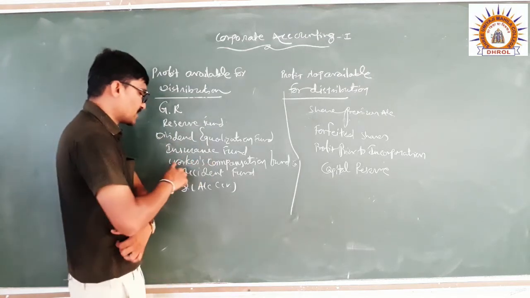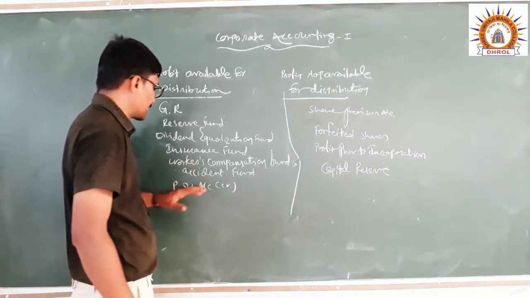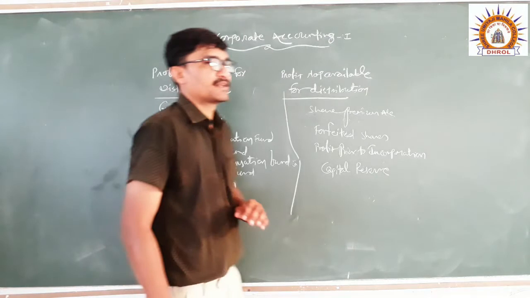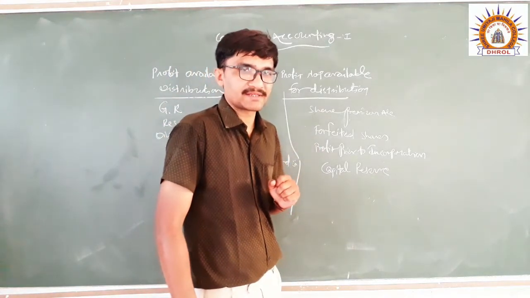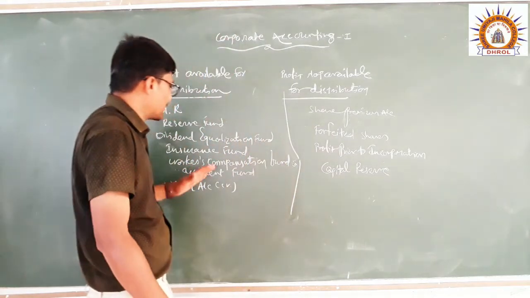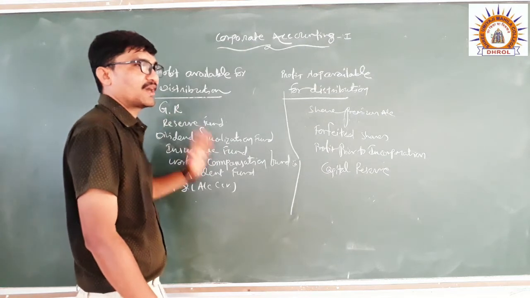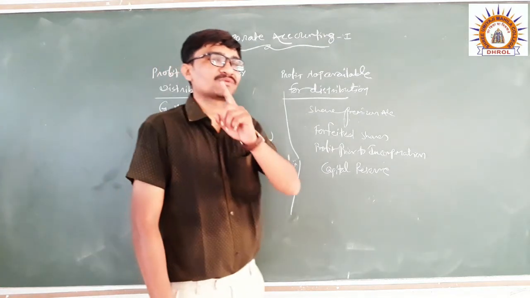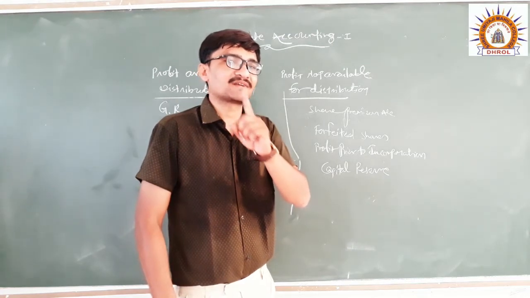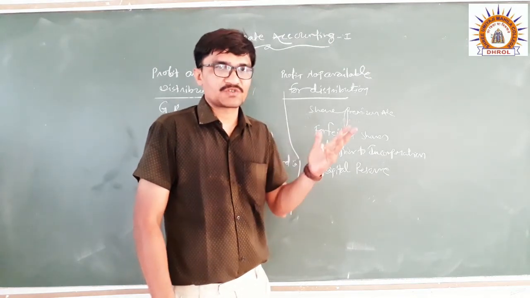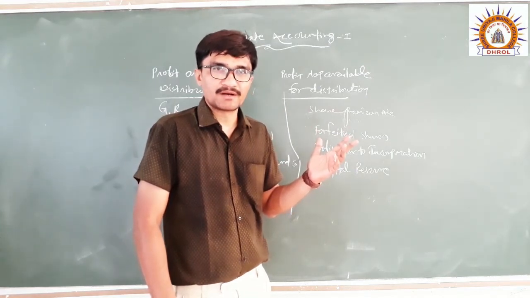Then the workers compensation fund and workers accident fund. Then profit and loss account, which is a credit balance. All these items are very helpful while you create the capital redemption reserve, which is a special reserve, and which is not distributable.